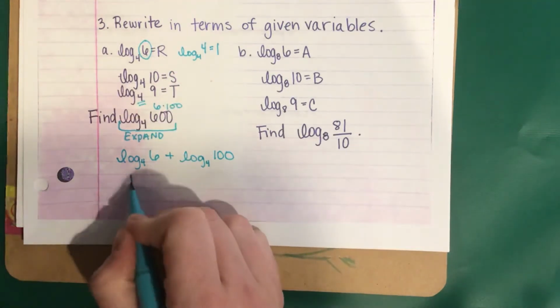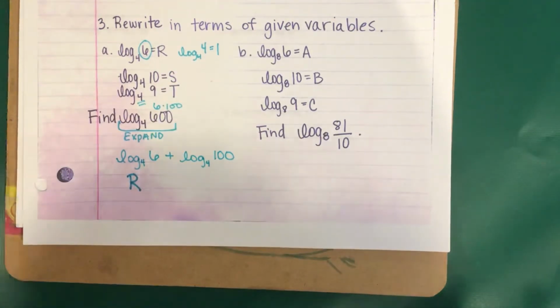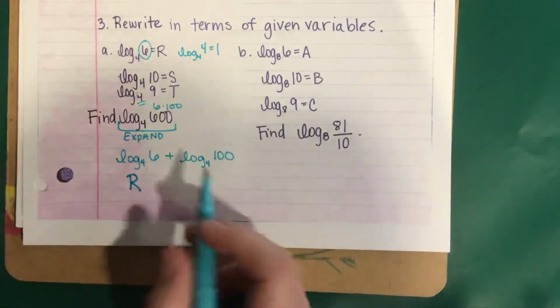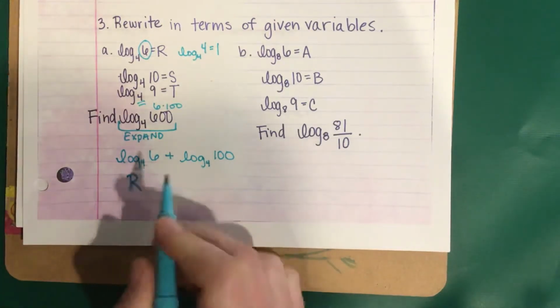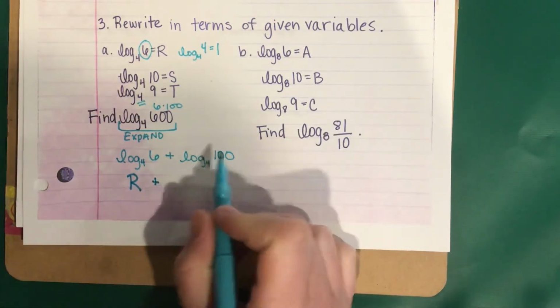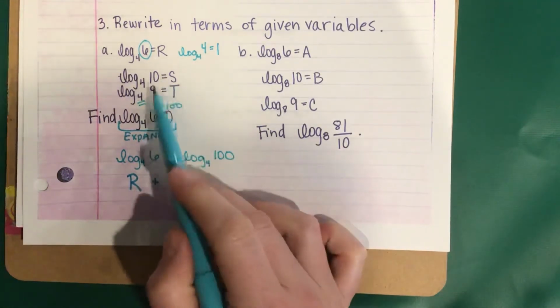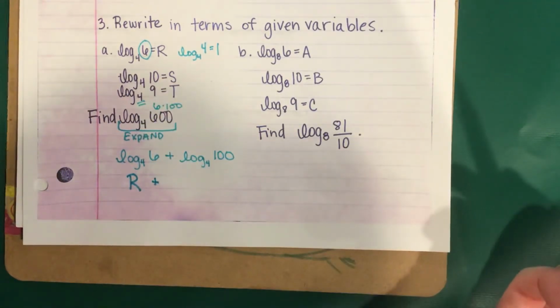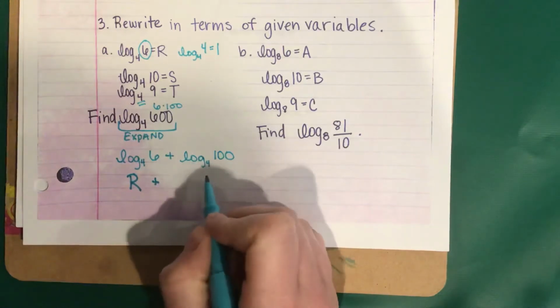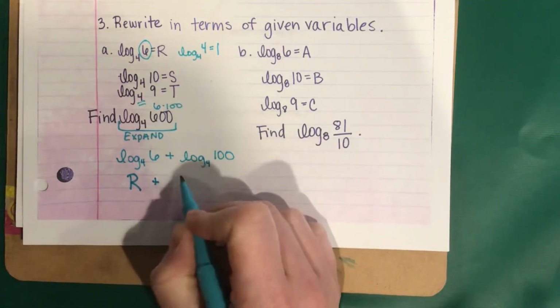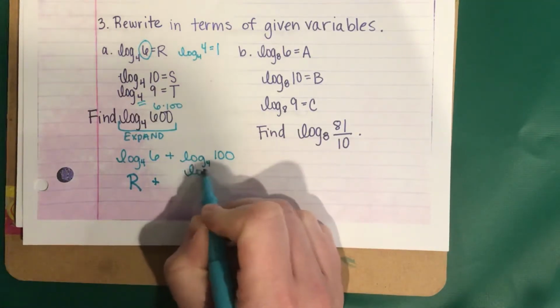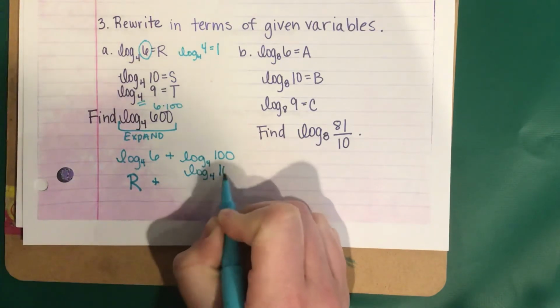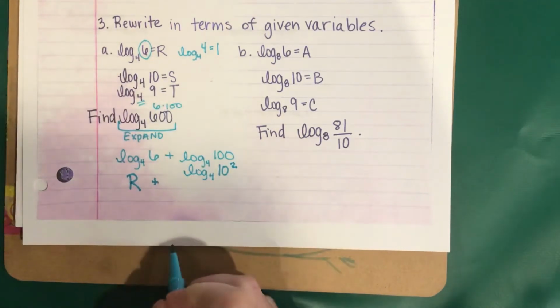Now, I can replace my log base 4 of 6 with r. I can do it here, or I can wait until the end, it doesn't really matter. But when I get to this part, I don't have 100, but I do have a 10. And so I can rewrite this as log base 4 of 10 squared.